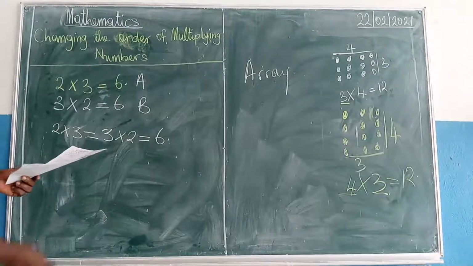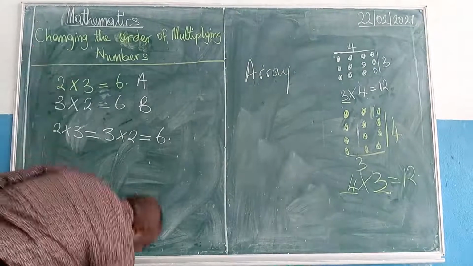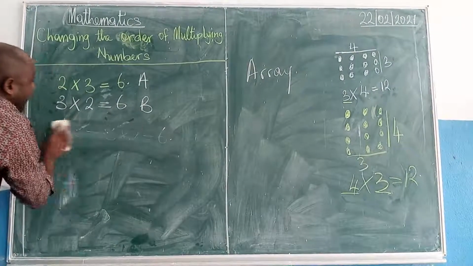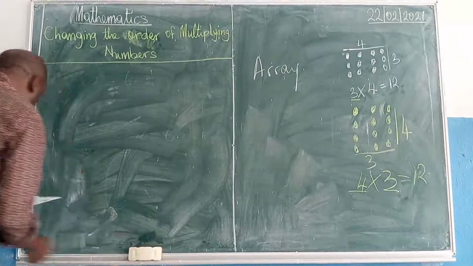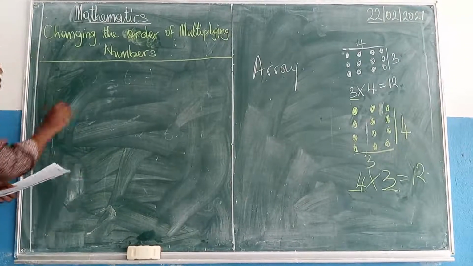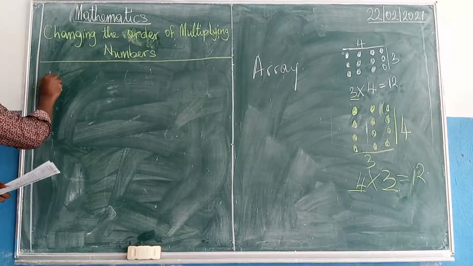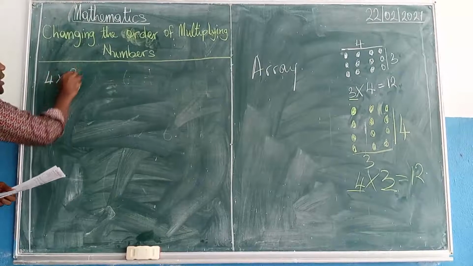So, we can consider the following example using the array method. We have 4 times 8.